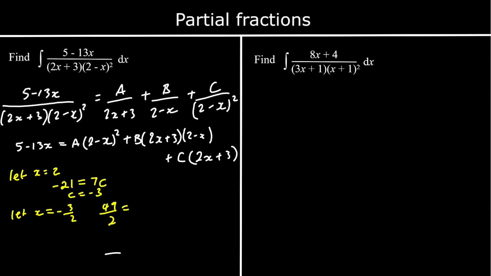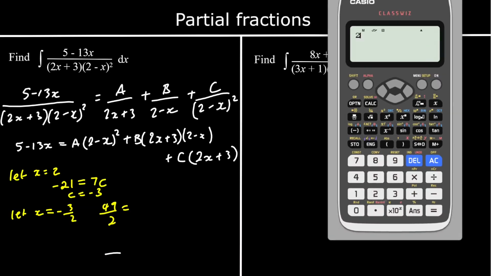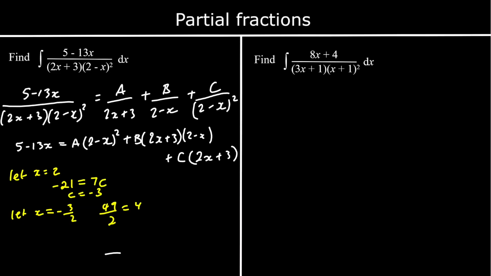And that will eliminate b and c. So for a, we'll have 2 minus 3 over 2 squared, so 49 over 4. So 49 over 4a. So a must be 2.